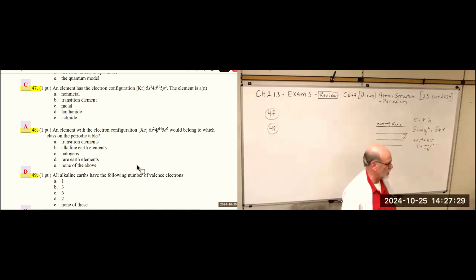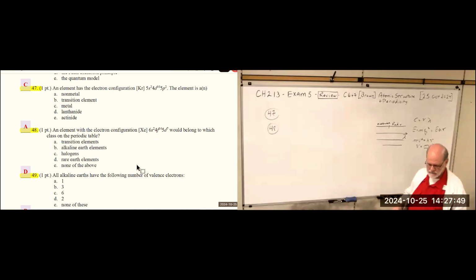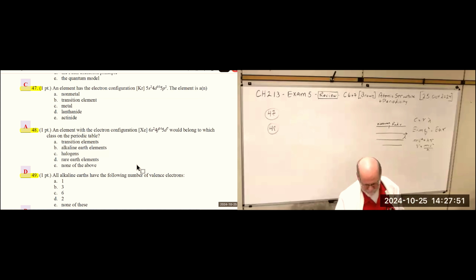So even if we're off by 1, either way, we're still a transition element. I think it's iridium. Yeah, I'm pretty sure it's iridium. Let's see. Oh, we've got the configurations right there. 5d7. Yeah. 5d7. But those are in the wrong order. It's got 6s on the end.